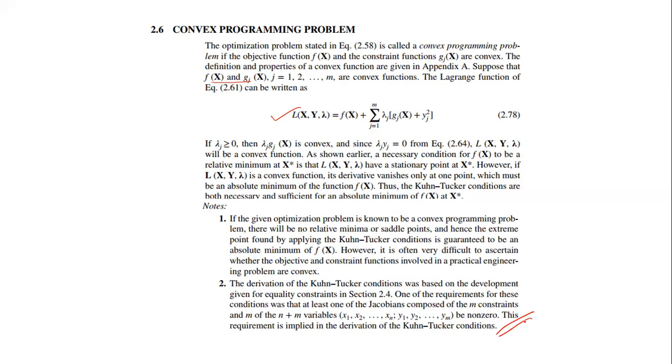So this is all about your Kuhn-Tucker condition, or the multivariable optimization problem that comes with inequality conditions, or both equality and inequality conditions. And the generalized case of the Kuhn-Tucker has also been discussed, where we have discussed the constraint qualification.